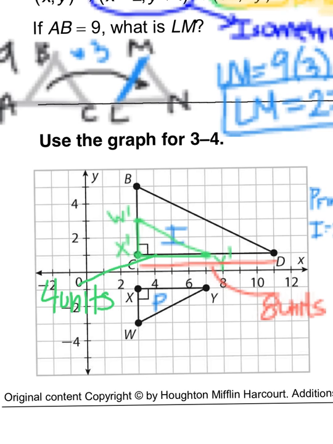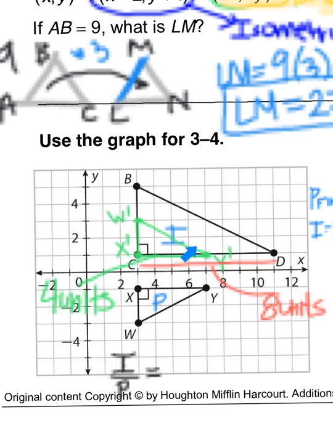The scale factor is found by doing image over pre-image. In this case, my image is still my triangle DBC, which is the large triangle.